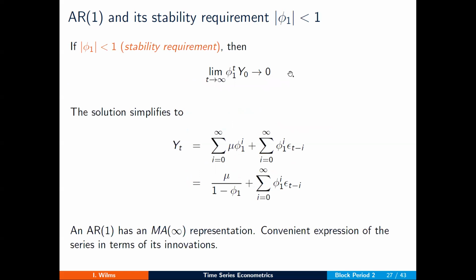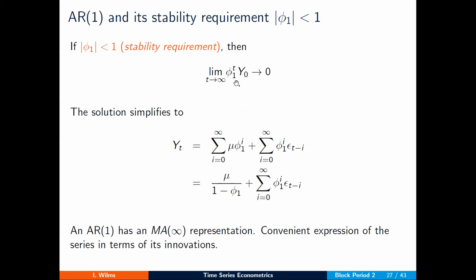If we would now let the sample size go to infinity, we see that the influence of this initial condition only dies out if phi_1 is smaller than 1 in absolute value. Also, past shocks would only have a temporary effect.